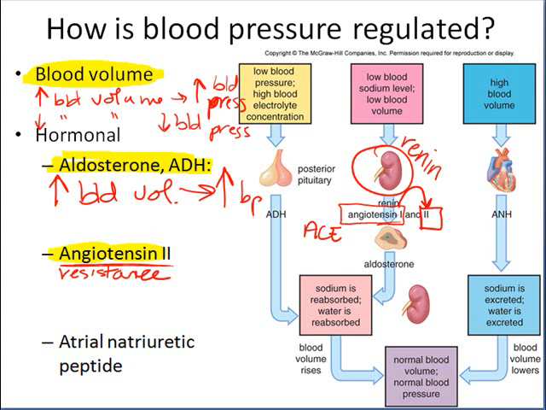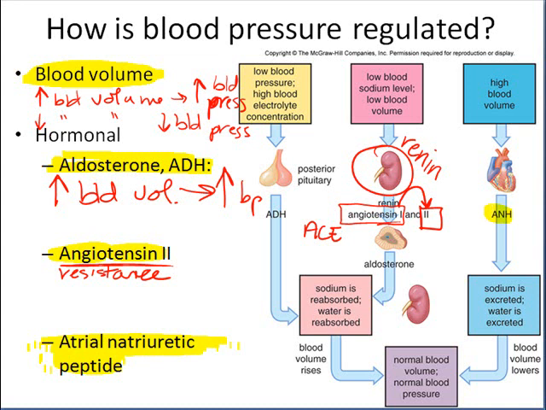Another hormone that can impact blood pressure is atrial natriuretic peptide. This is a hormone that is a polypeptide chain. It is manufactured in the atrium of the heart. And when atrial natriuretic peptide is released, it's because there is too high of a blood volume.